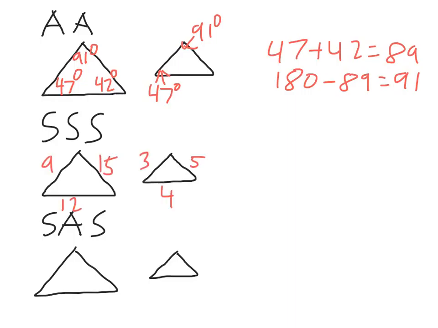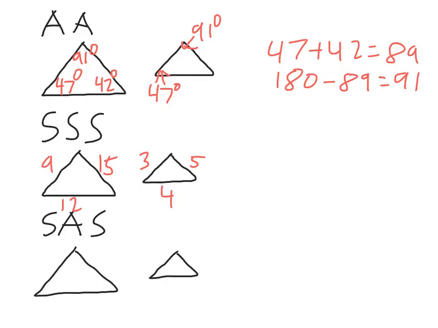So for this one, we have 2 triangles, one with measurements 9, 12, 15, and one with measurements 3, 4, 5. And we want to know, are they similar? In order to find that out, we do something similar to last time when we talked about similar polygons: we have to set each ratio of sides equal to each other.